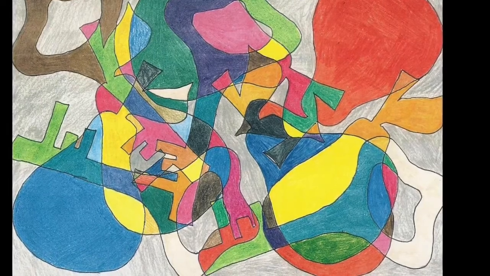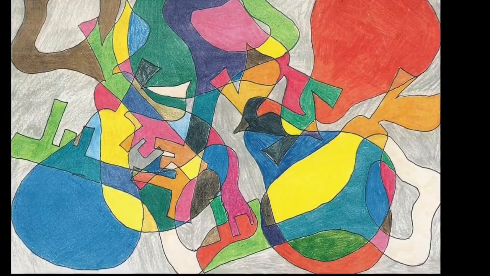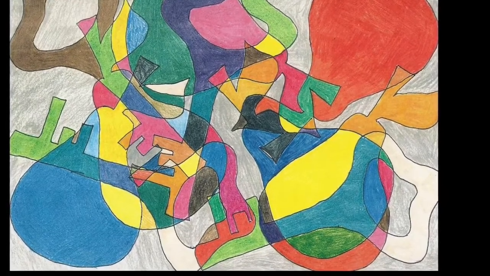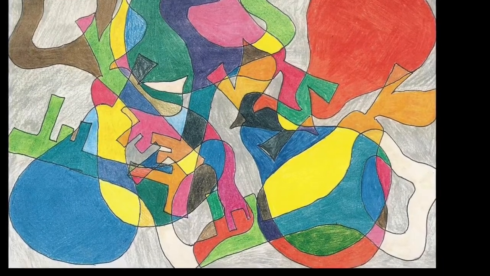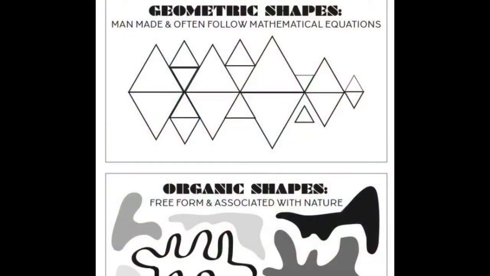They are not as commonly recognizable, and they're often one of a kind. Another way to look at our geometric and organic shapes is that geometric shapes are often man-made and follow mathematical equations. Organic shapes are free-form and are often associated with nature.